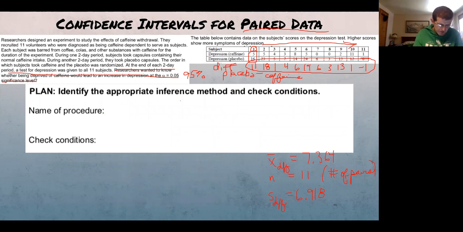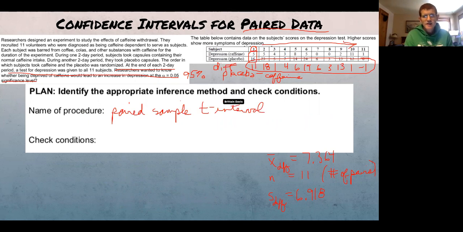The name of this procedure is the paired sample t interval. So we're still working with means, so we still have a t interval, but now we're dealing with paired samples, and the conditions are pretty much the same.